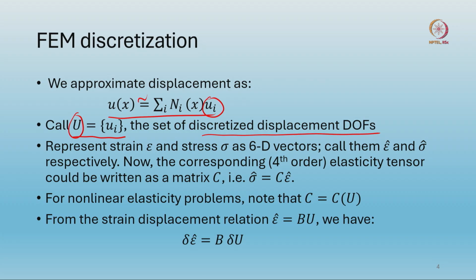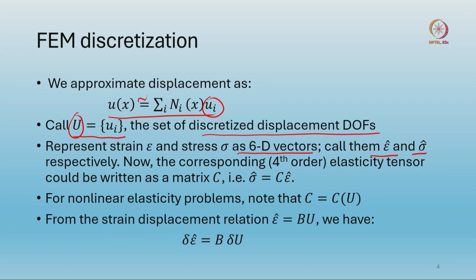So, we write this strain and the stress as 6 dimensional vectors, because stress is also symmetric like strain. Let us call them epsilon hat and sigma hat, this vector representation of strain and stress respectively. Remember that this is just a computer based implementation artifact. Stress and strain are never vectors.